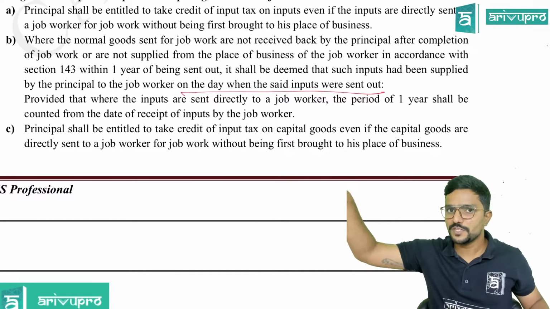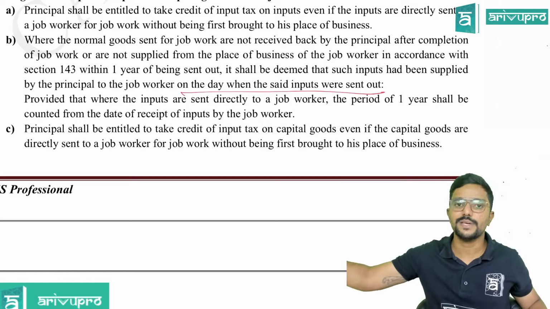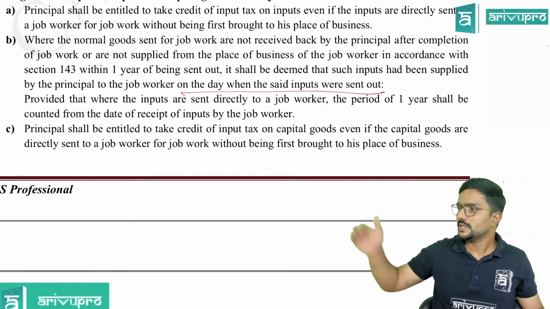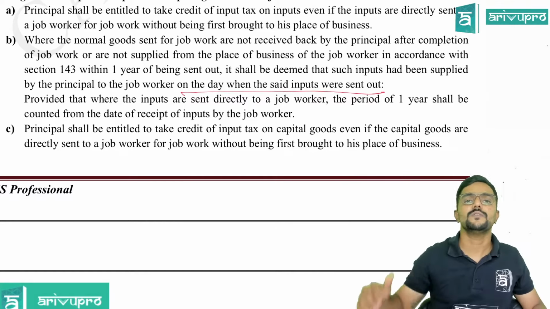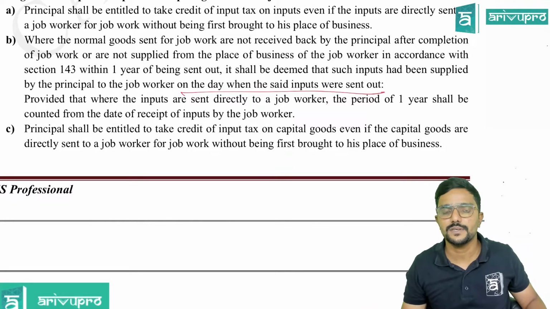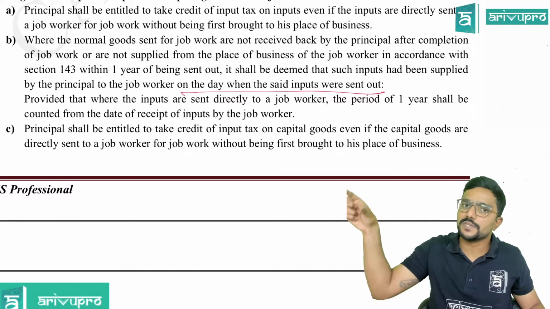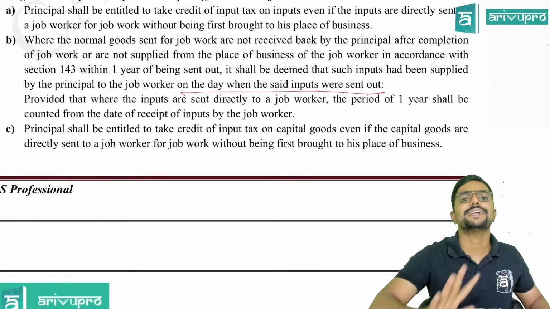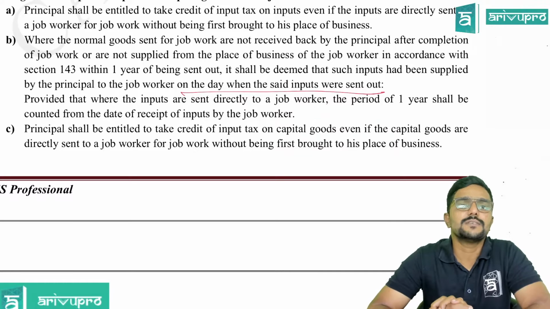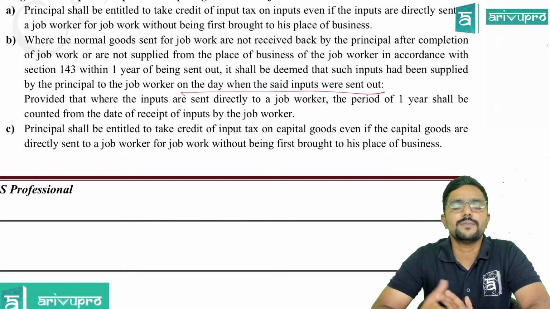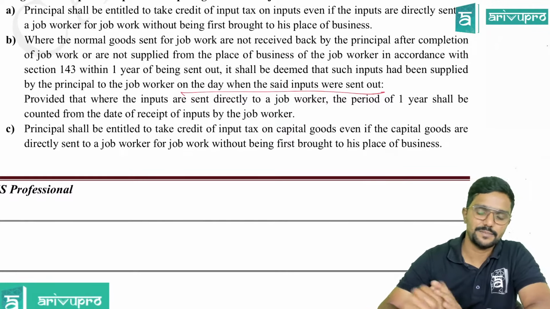If the goods are not returned back within 1 year, or if it is not sold within 1 year from the job worker's place, then the date on which it was received by the job worker will be treated as supply, guys. Clear? Same thing is applicable for capital goods, but 3 years time is given there.